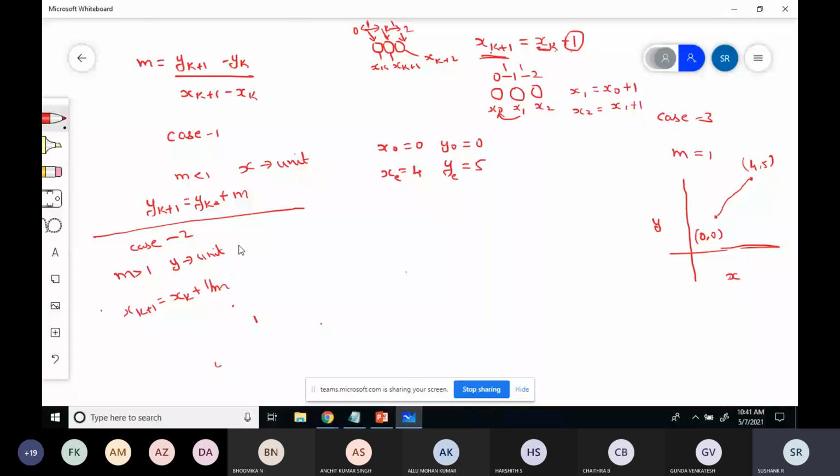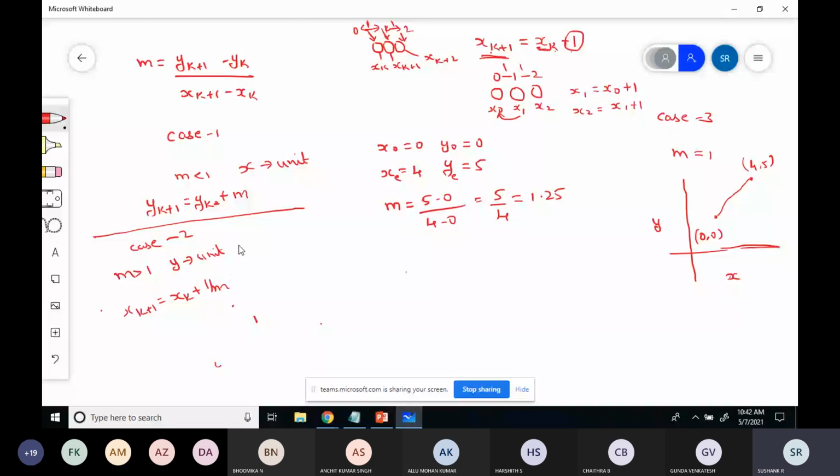So now I've found the initial position and final position. The first thing is I should find the slope. How to find the slope? M is equal to difference in y, 5 minus 0, by difference in x, 4 minus 0. So it will be 5 by 4, which is 1.25. Now what is the m value? Is it less than 1 or is it greater than 1?